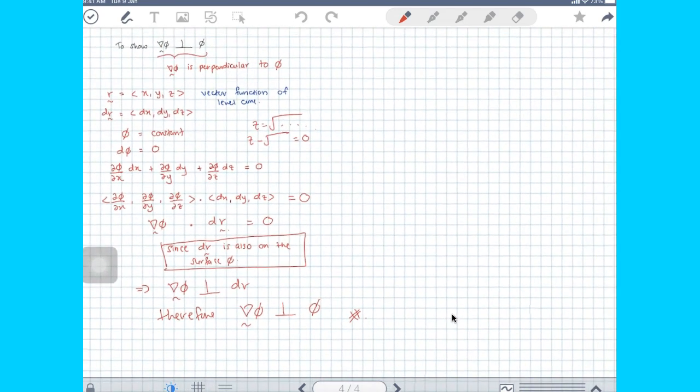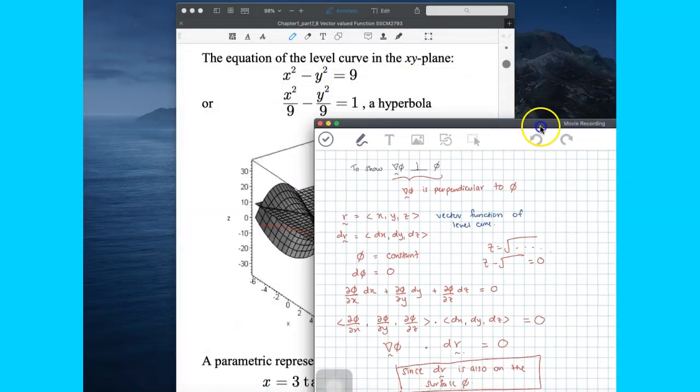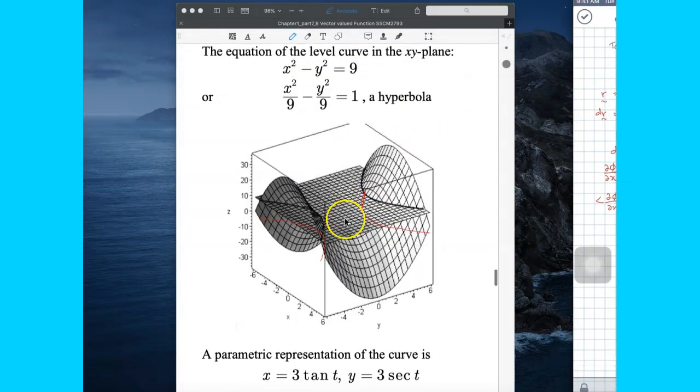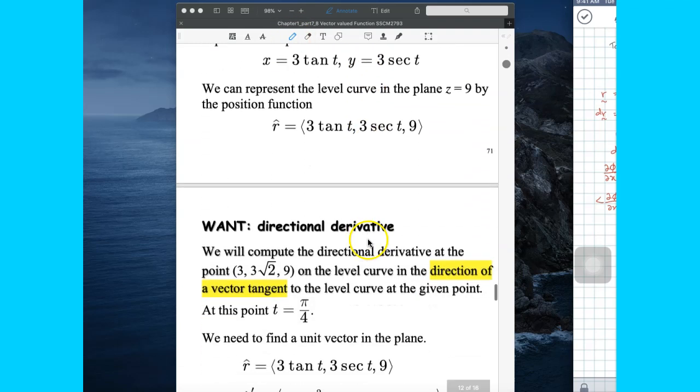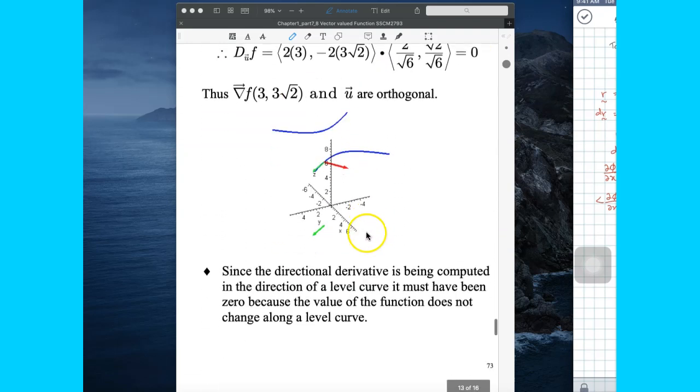You can see this from the previous video that I showed you. Just a second, you can see from here.